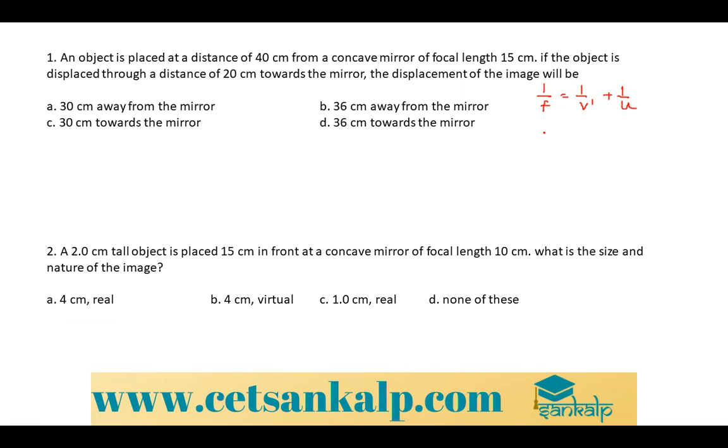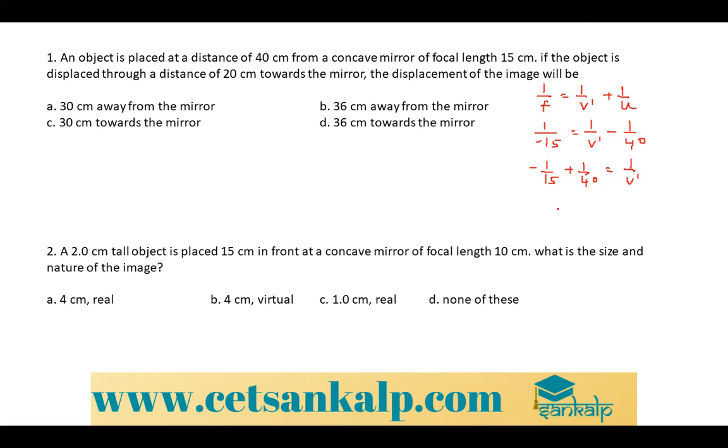So for a concave mirror, -1 by 15 centimeter is equal to 1 by v dash minus 1 by 40. So if you solve this, -1 by 15 plus 1 by 40 is equal to 1 by v dash.